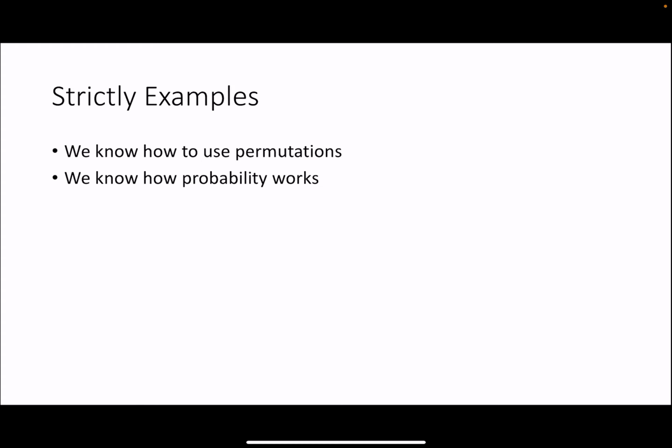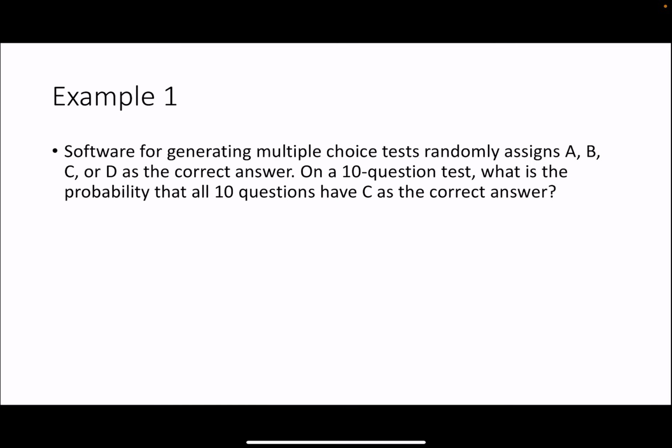This unit is going to be strictly examples, because we already know what permutation is, we already know what probability is, we already know different techniques for counting. Now we're going to bring it all together.